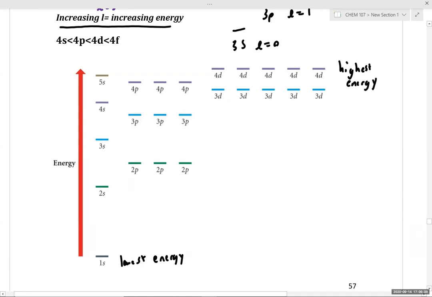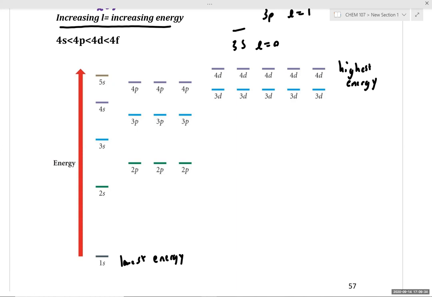And we're going to be using these orbital diagrams extensively to describe different atoms and ions. So you're responsible for being familiar with this orbital energy diagram and how orbitals are arranged in order of increasing energy.